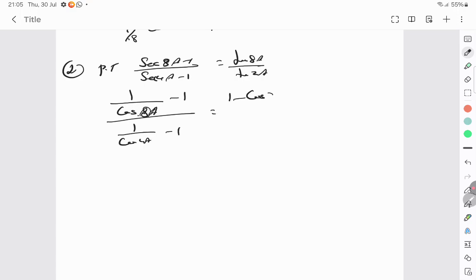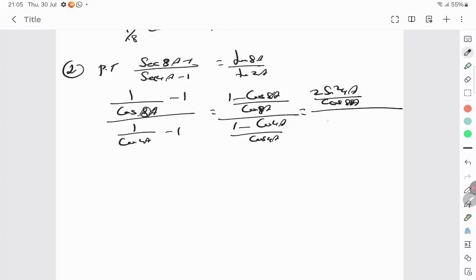Take LCM. (1 minus cos 8a) by cos 8a, by (1 minus cos 4a) by cos 4a. And 1 minus cos x is 2 sin square x by 2, so 1 minus cos 8a is 2 sin square 4a by cos 8a, and 1 minus cos 4a is again 2 sin square 2a by cos 4a.